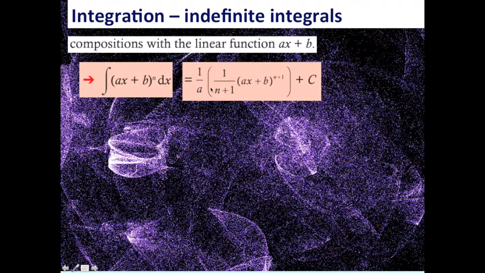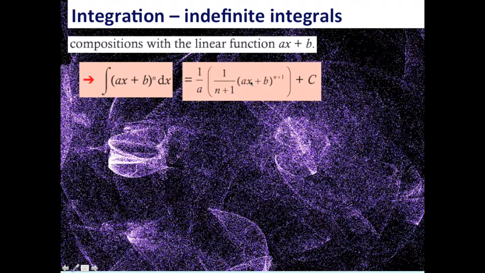Therefore, not only have we got to divide by n + 1, because if we bring the power down, that would be (n + 1)(ax + b)^n, and we don't want that, but we also need to multiply by 1 over a to counteract the application of the chain rule.